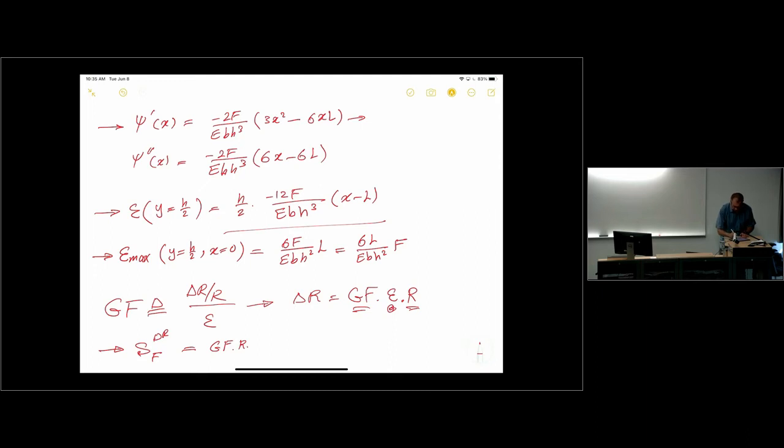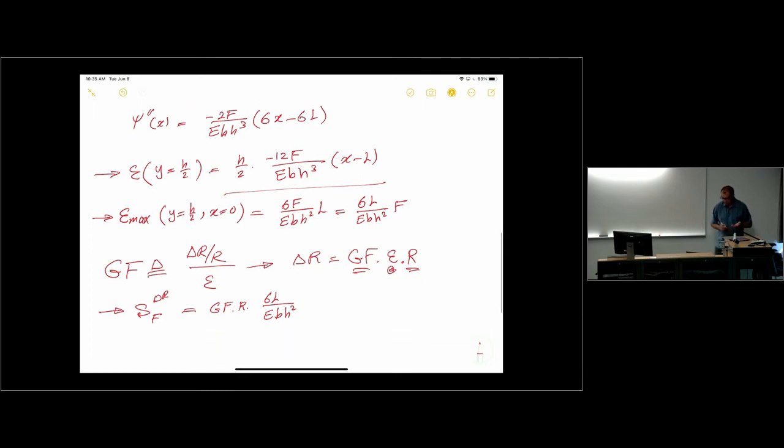So that's going to be 6L over EBH squared. It is multiplied by F, but then you take the derivative when you're calculating the sensitivity, so F goes away. So this is the final result. The sensitivity of this device to stress is given by this expression here at the end.